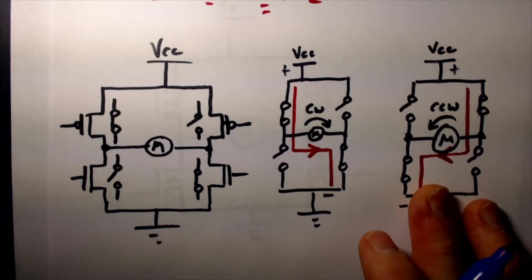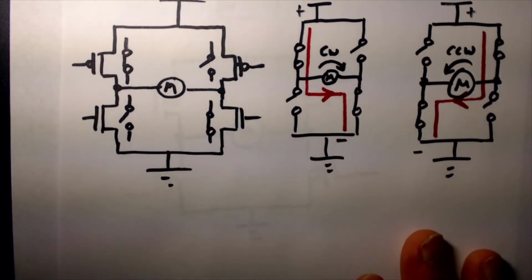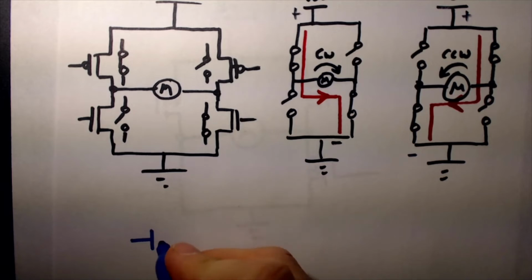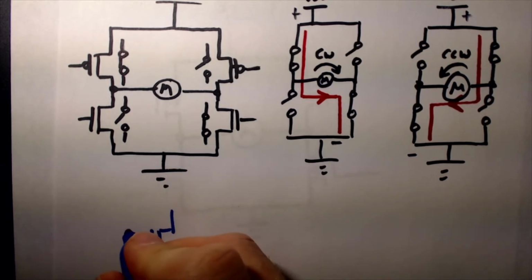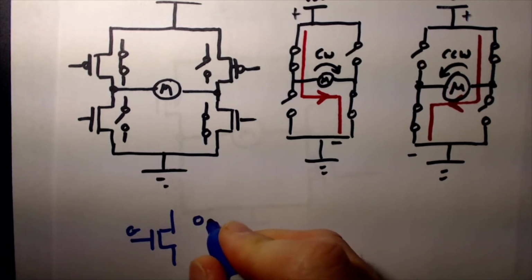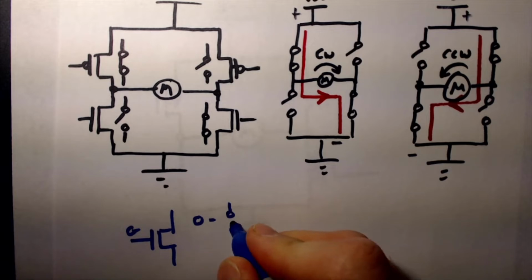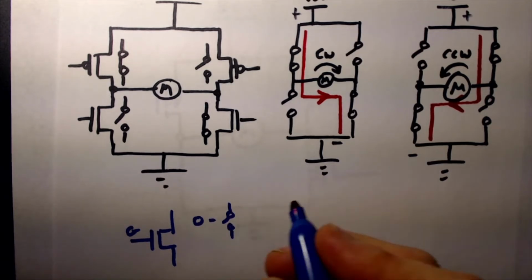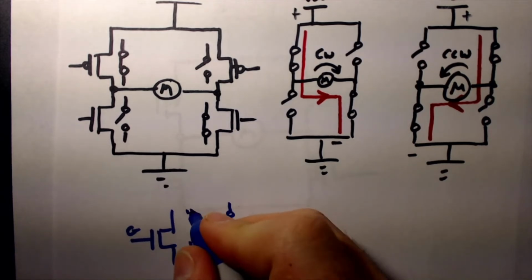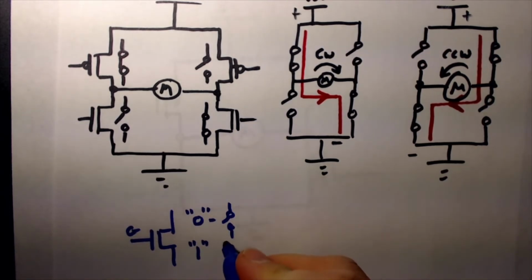Now, in order for an N channel to be closed, on the gate, I need to apply 0 for it to be open, and I need to apply a logic level 1 or 5 volts to make it closed.